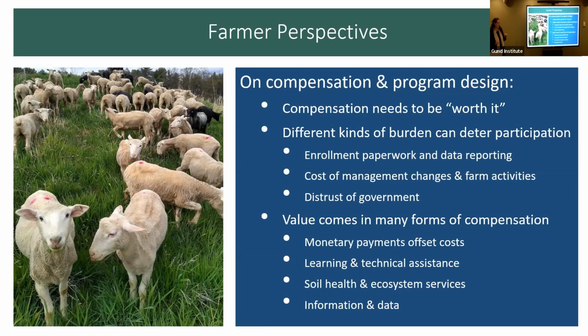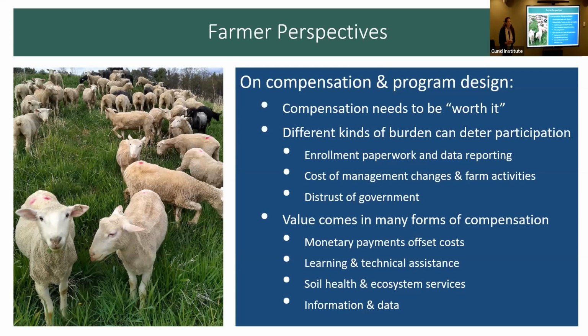That's a simple summary. And then I think the really rich part of the data set is about all the different kinds of compensation that they talked about, both when they were prompted to talk about it, but also that came up across the data set. So of course, monetary offsets are hugely important, but there are all these other pieces that are part of the puzzle. They talked a lot about learning from other farmers and technical assistance and access to equipment.